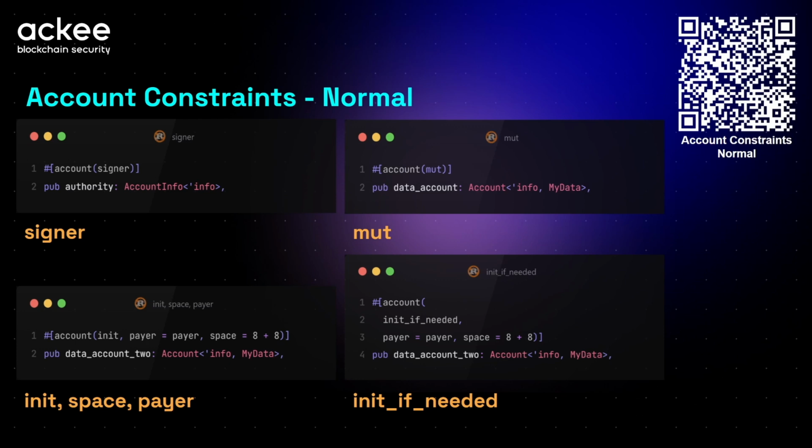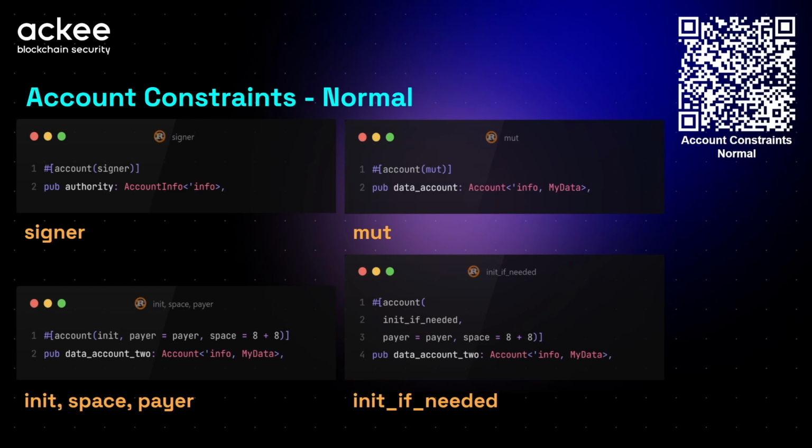Then there is mutable, or in short mut, which specifies that the account is actually mutable and the data in the account can be changed. Then we have again a common constraint, init, space and payer. This will initialize the account. Payer is going to pay for the rent, and there is the space that is going to be allocated.